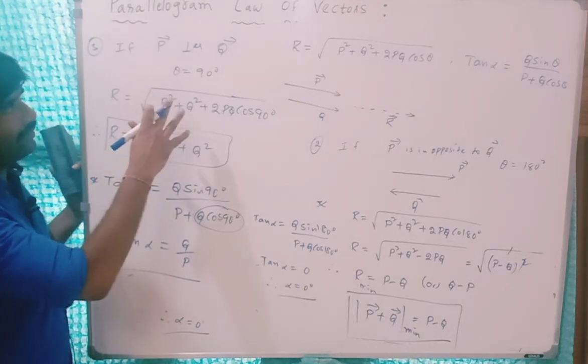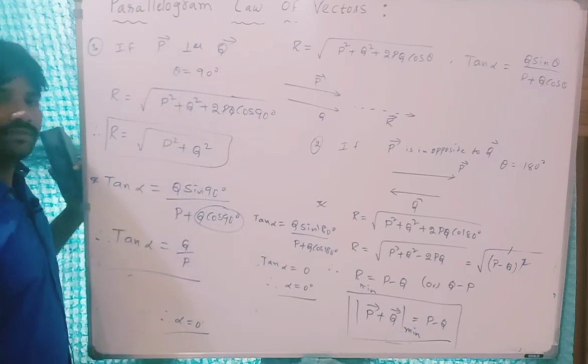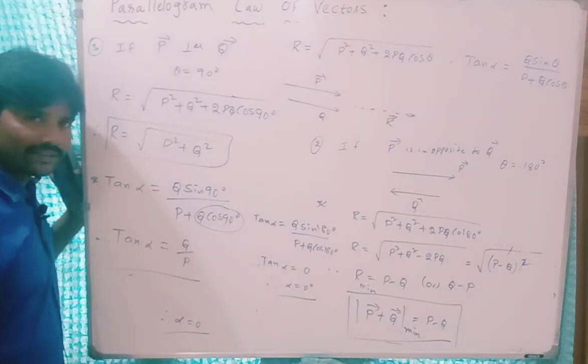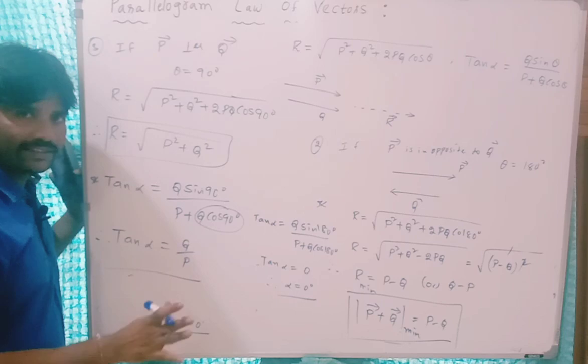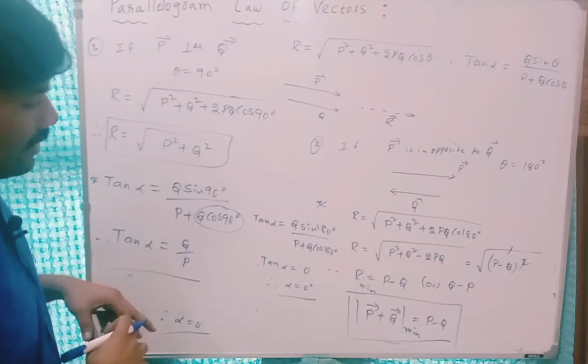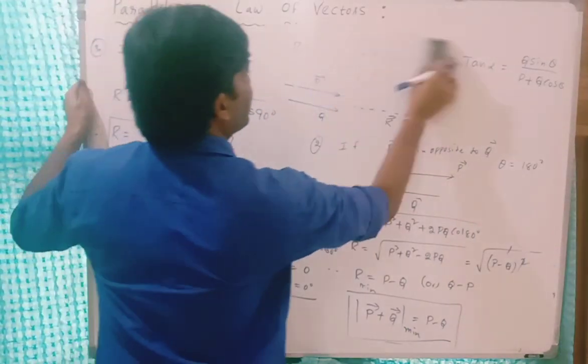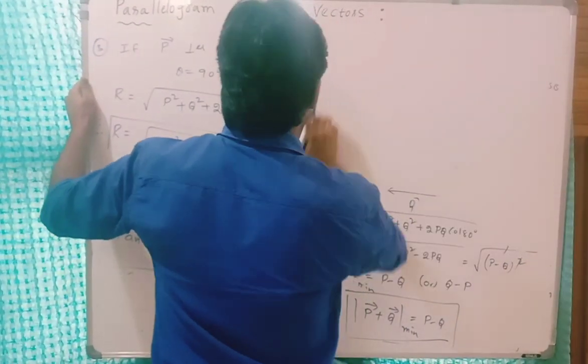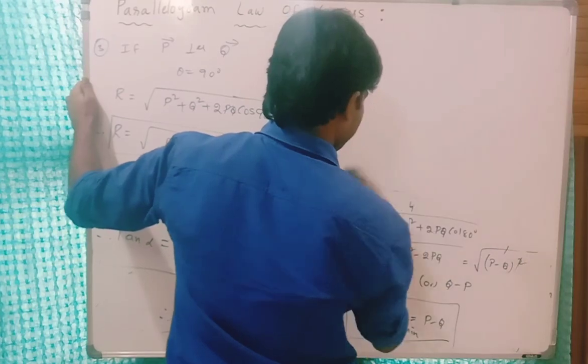Not only for 90 degrees, for any angle between two equal vectors, the resultant always lies exactly in the middle of the two equal vectors. Let me show that one also here. That is the fourth case, for two equal vectors.